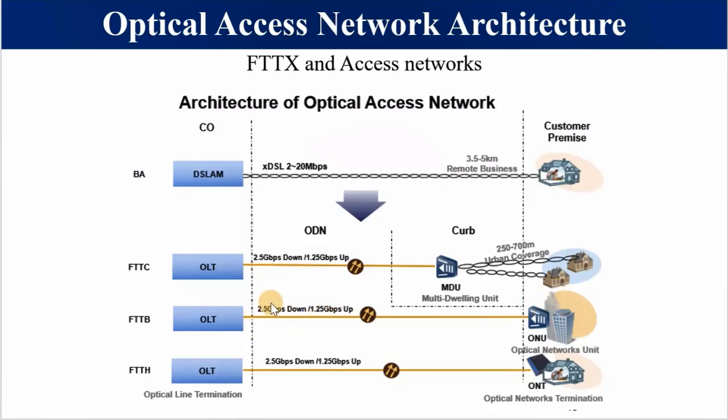And please take note of the G.984 standard downstream and upstream speed. For fiber to the home from the OLT, please take note that at the subscriber's premises we have an ONT. Please take note that some service providers differentiate an ONU from an ONT, and this is their argument.